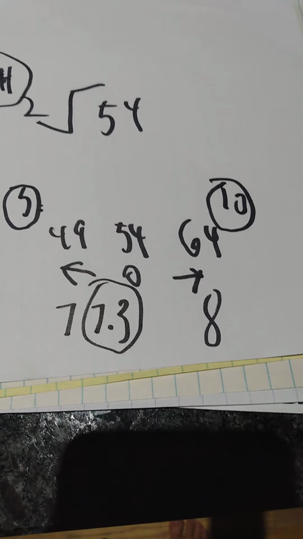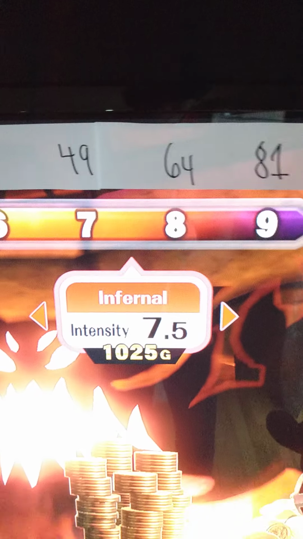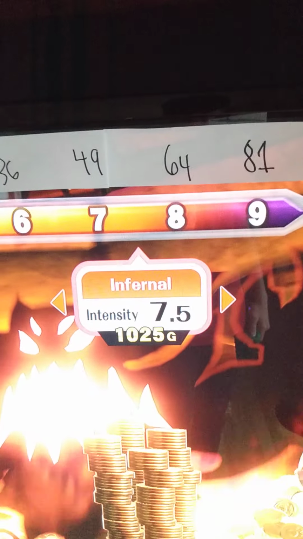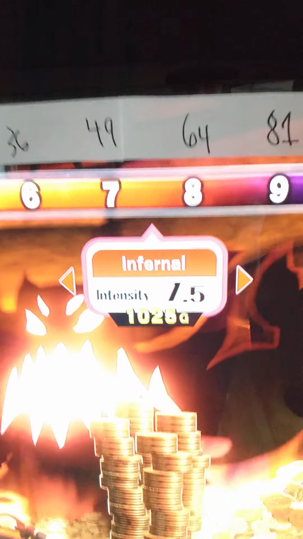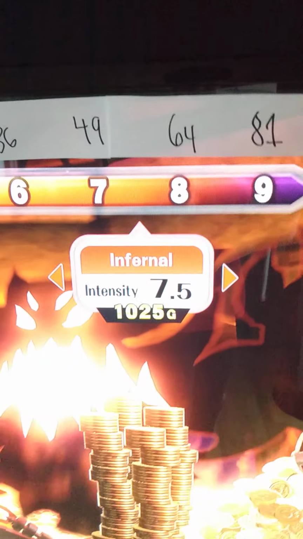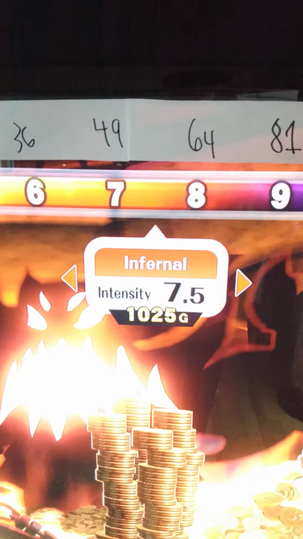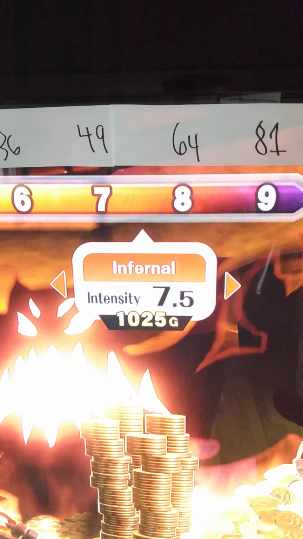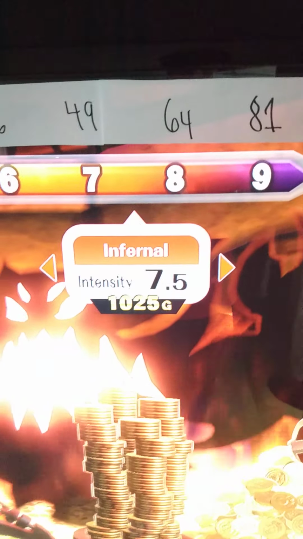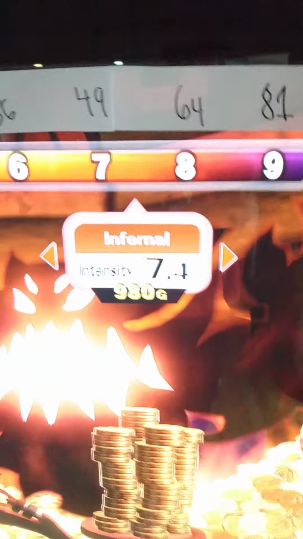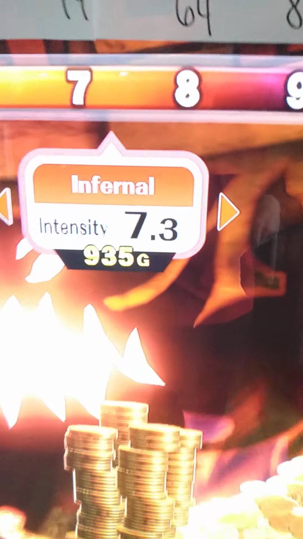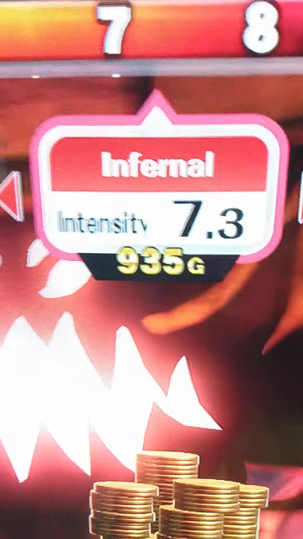Comment below. If 54 is closer to 49, it can't be in the middle, because the differences between 64 and 49 are way different. So my best estimate would be 7.3.